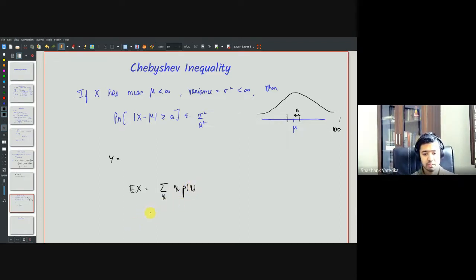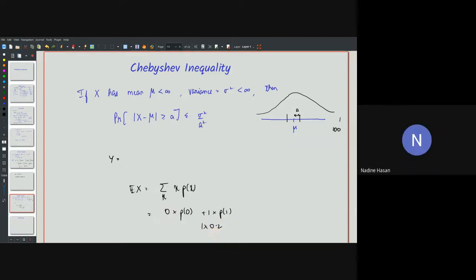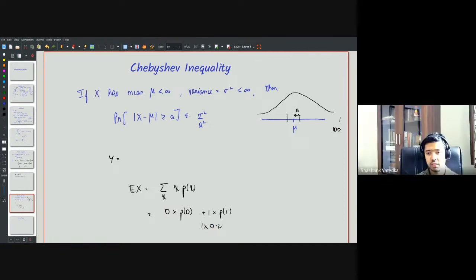In the quiz example, it would be 0 times the probability of 0 plus 1 times the probability of 1. The first term is 0, so it is 1 into 0.2. Okay, sir, thank you. Any other questions?